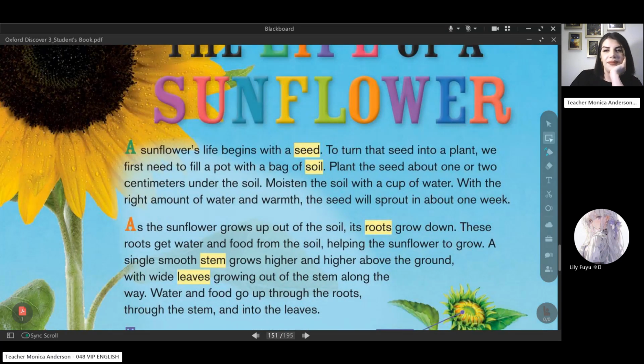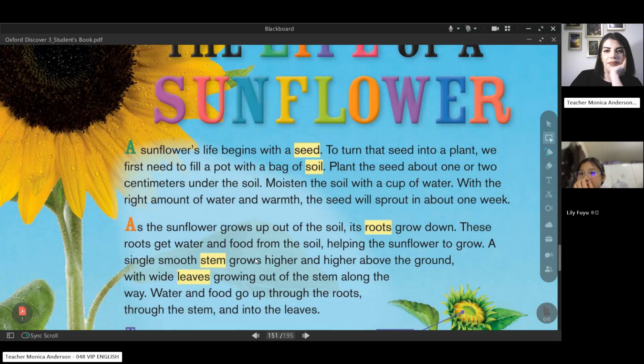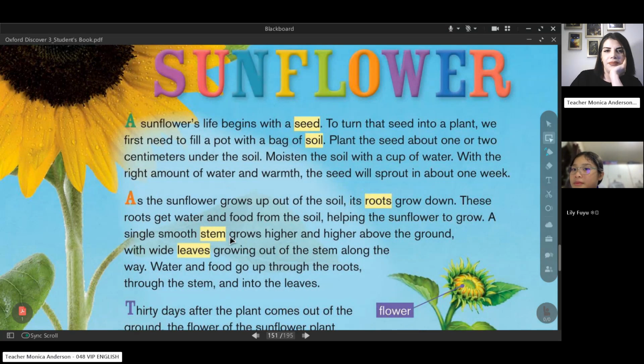The life of a sunflower. A sunflower's life begins with a seed. To turn that seed into a plant, we first need to fill a pot with a bag of soil. Plant the seed about 1 or 2 centimeters under the soil. Moisten the soil with a cup of water. With the right amount of water and warmth, the seed will sprout in about 1 week.